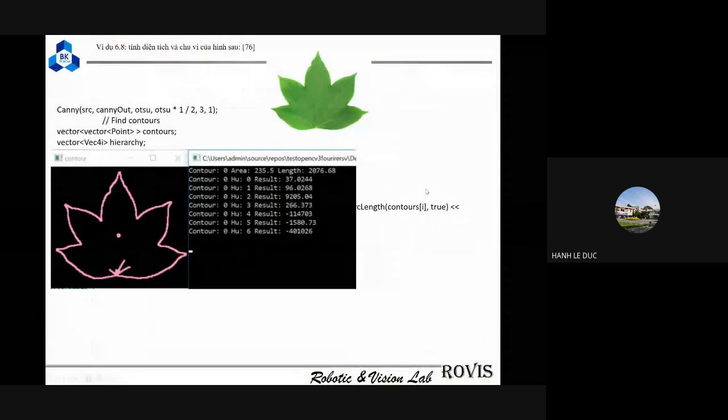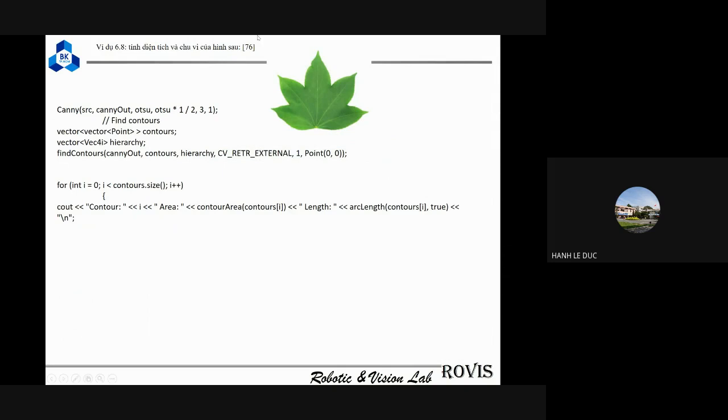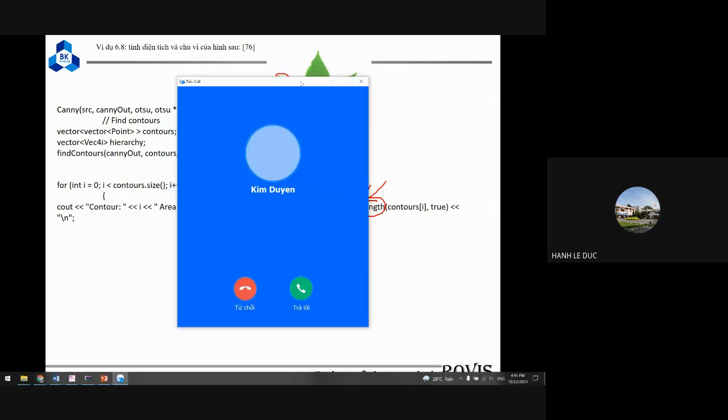And this is another example to calculate the perimeter. For example, I give you this one. In OpenCV, they have functions like contour area and arc length. If you use these functions, then we calculate the area of this one and the length of this one and the length of this one.